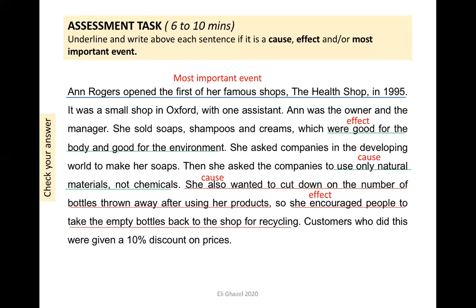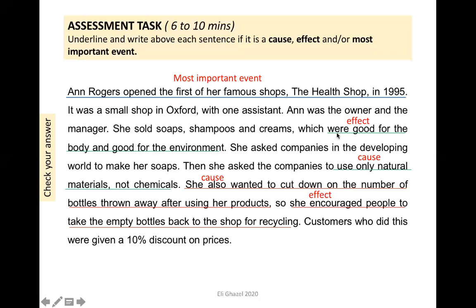So what is the most important event that started all the other events? Anne Rogers opened the first of her famous shops, the Health Shop, in 1995. And I underlined in different colors here. I didn't underline the whole sentence, but for you to see where it is.